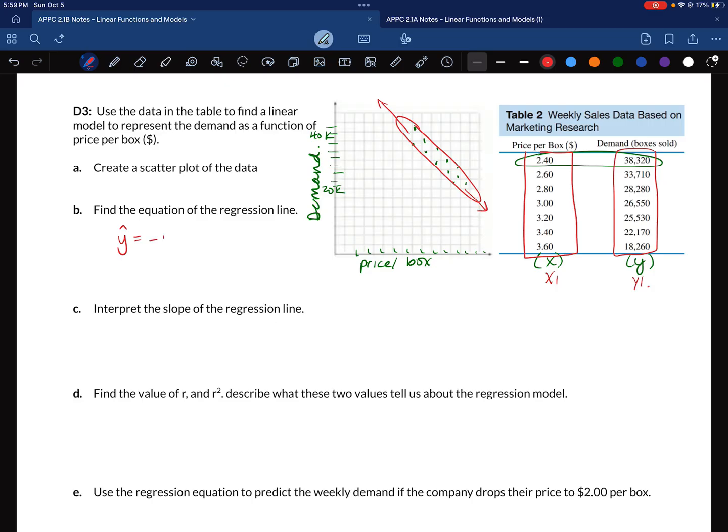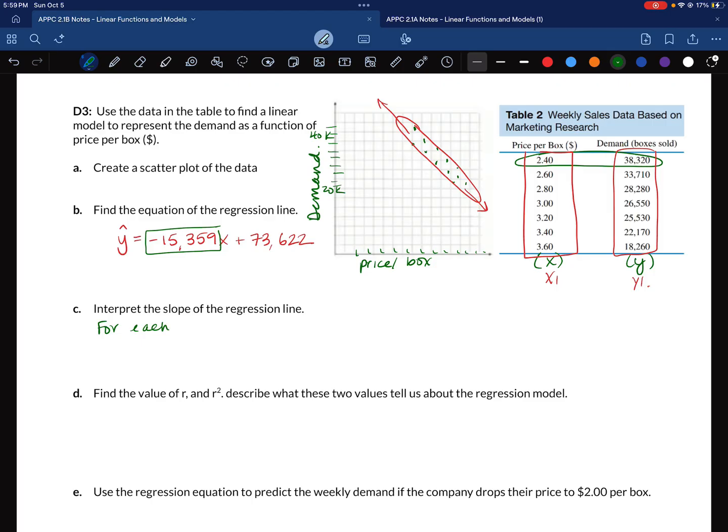You should find that this equation is y equals -15,359x plus 73,622. And now I want you guys to be able to interpret the slope and the y-intercept of these. In this case, the slope is here, right?